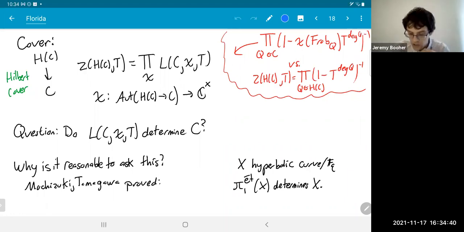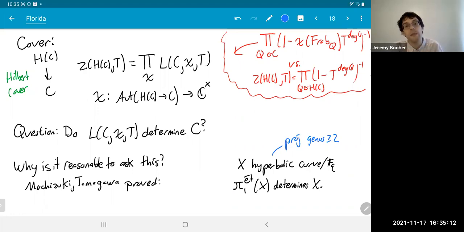Before I answer the question, I just want to talk about why it's reasonable to ask this. And the reason is, well, Mochizuki and Tamagawa proved a foundational result in anabelian geometry, which says if you have a hyperbolic curve over a finite field, so this, for example, could be a projective curve of genus at least 2, then the étale fundamental group of X determines the curve X. So this étale fundamental group is some version of the topological fundamental group.